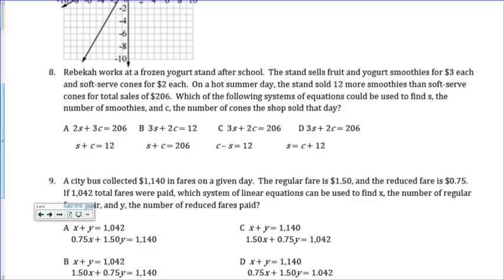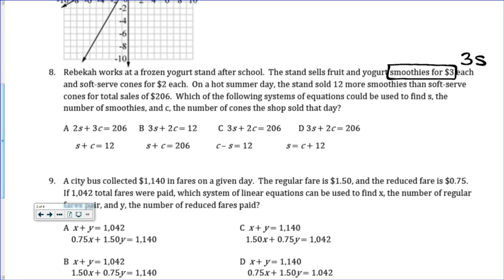Writing your system here. Let's pick out our important information as we're going through and reading this. Rebecca works at a frozen yogurt stand after school. The stand sells fruit and yogurt smoothies for $3 each. So we're going to say that's 3S, and the S stands for the smoothies.